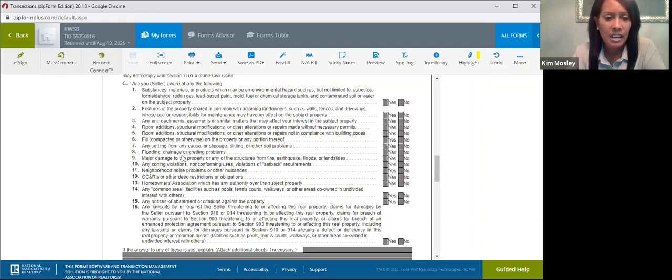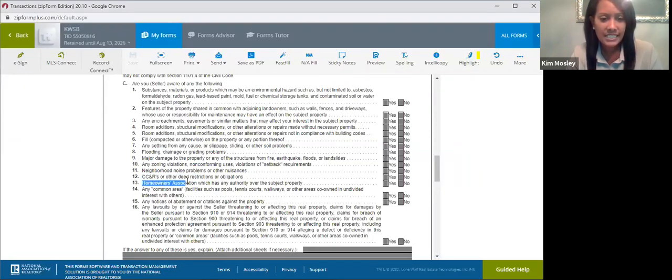Also, whenever there's a condo, there's a few questions here, maybe 3 or 4, that pertain more if there's an HOA, like this question here, number 12, CC&Rs or deed restrictions. So if you have a condo client, that should definitely be marked yes. Even if you're representing the buyer, you want to make sure that when you receive this from the seller, they marked yes on there. So that would be number 12.